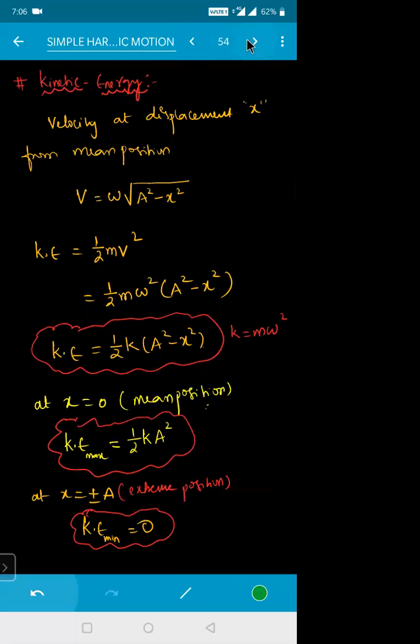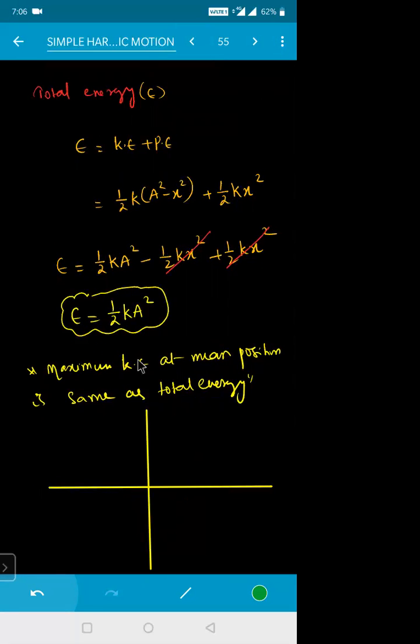So if U is directly proportional to x square, it will be a parabola in the upward direction. So the graph will be like this. This is your potential energy.